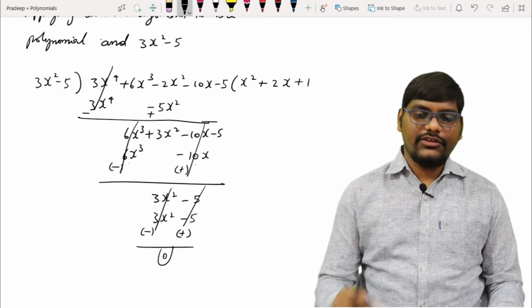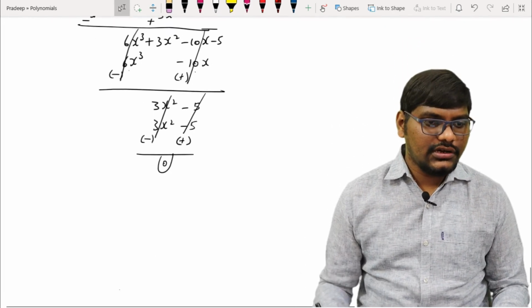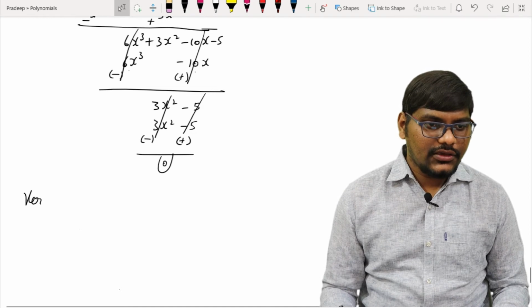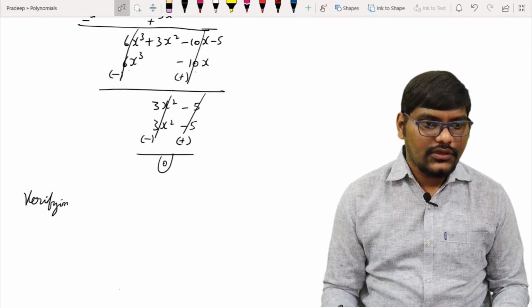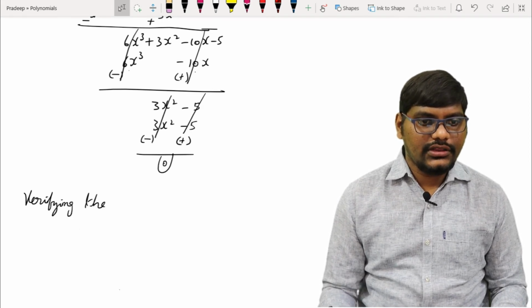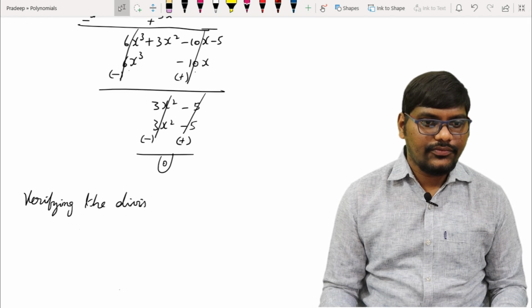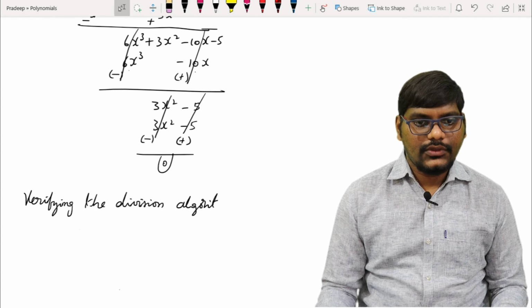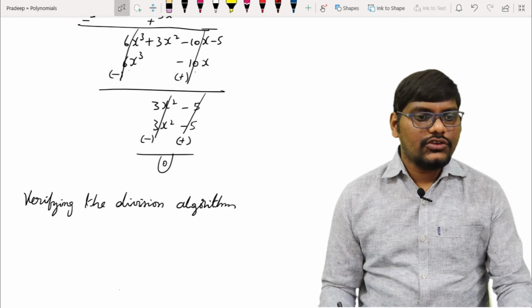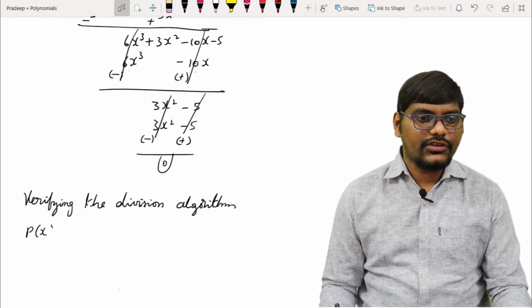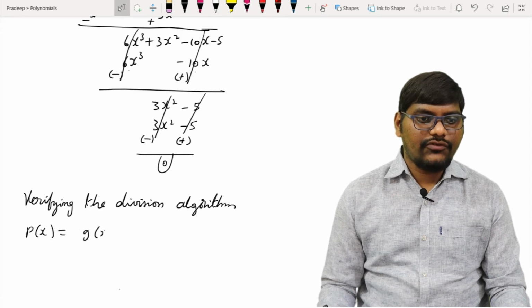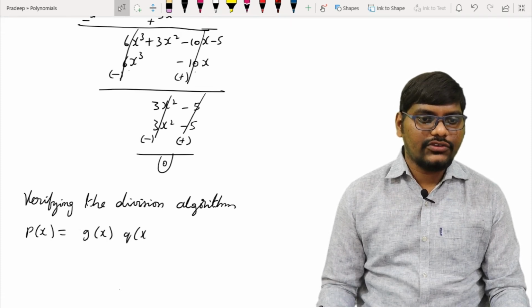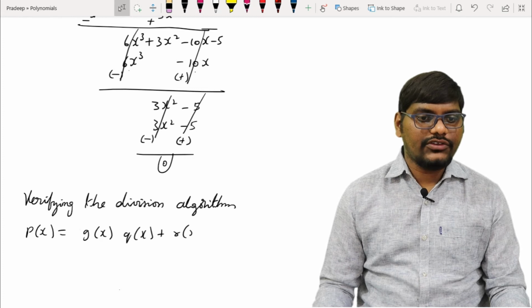Okay, so we'll verify it. So I can write here, verifying the division algorithm. Okay, so what is the form? P of x equal to g of x into q of x plus r of x is the form.